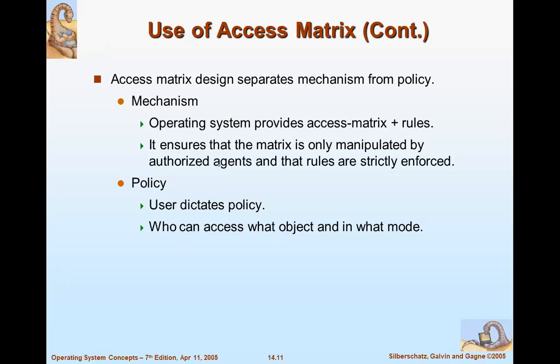It ensures that the matrix is only manipulated by an authorized agent, and that rules are strictly enforced. So anyone would not be able to access those access matrices or modify or manipulate them. Only the owner or the administrator or the co-owner can change.